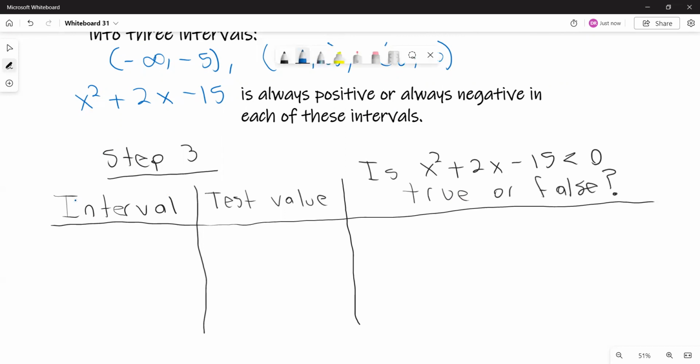The first interval is -∞ to -5. Second one is -5 to 3. And the third one is 3 to infinity.